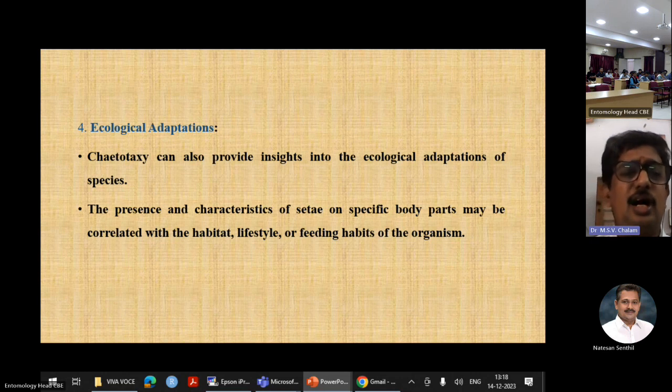The presence or absence, or the position of seta on specific body parts can be correlated with the habits, habitats, lifestyle as well as the feeding habits of the organism. Thereby, we will know the ecological adaptations of that particular caterpillar. Next one, please.